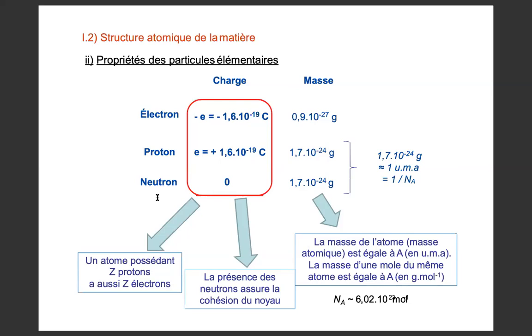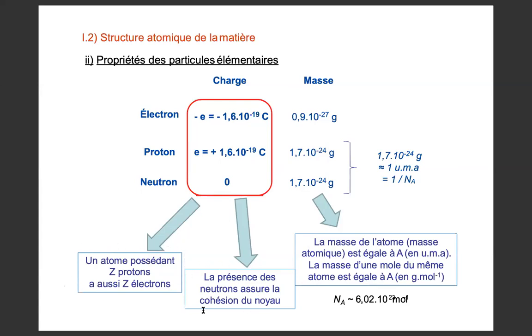So we are saying an atom possesses Z protons and also has Z electrons. This is what defines an atom's neutrality. An atom is electrically neutral because the number of electrons is equal to the number of protons, except when there is an imbalance, which results in the formation of an ion. It forms a cation for the positive, for the metals, and an anion for the non-metals.